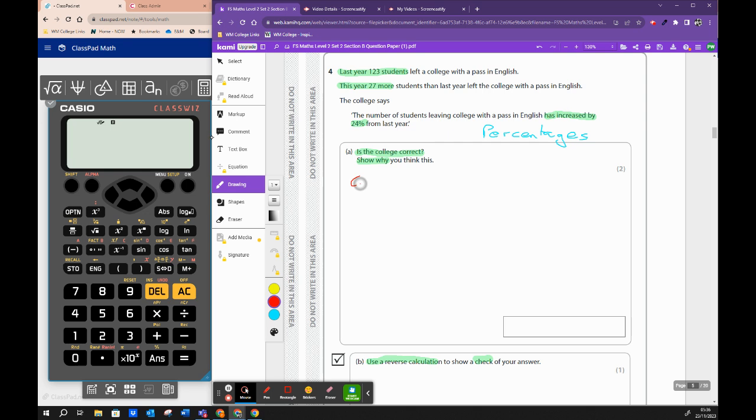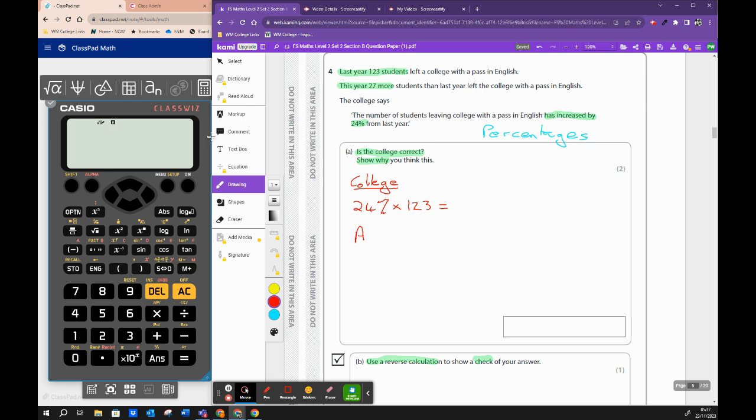So we could go sort of college, that they say it's a 24% increase. So we could say 24% of 123. So we could go away and do that calculation.